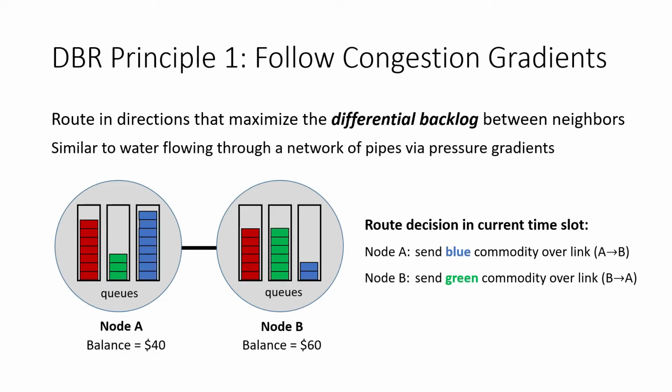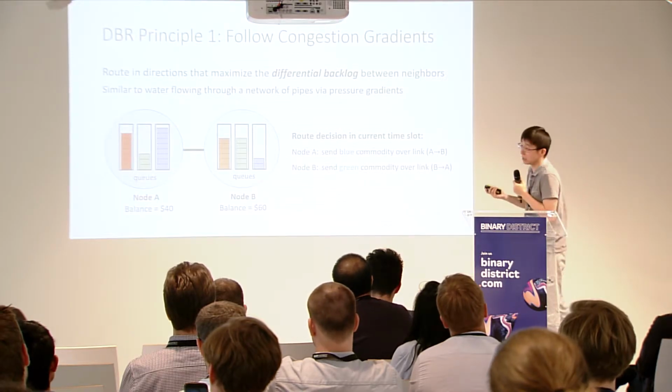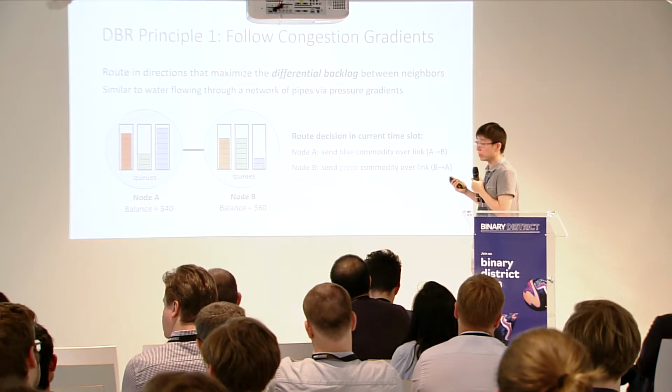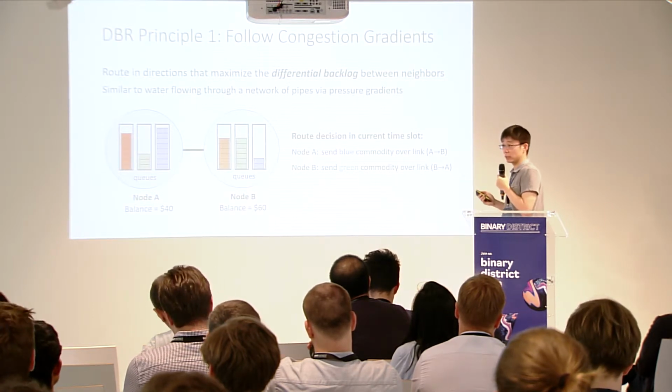Each node will compare, and node A will send a blue commodity over link A to B because it observes the largest backpressure. Similarly, node B will send the green commodities over link B to A because that has the maximum backpressure from B's point of view. So this is the first principle, follow the congestion gradients.